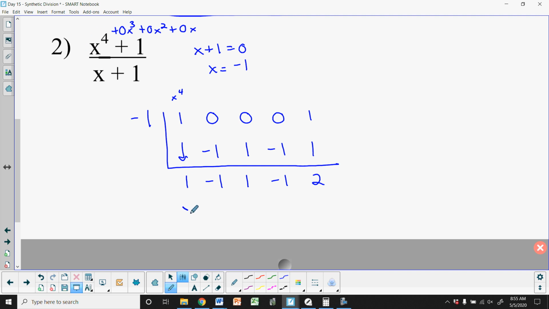So this will be x cubed, x squared, x constant, or x to the 0, and remainder. So we can rewrite this as x cubed minus x squared plus x, so it's 1 times x, minus 1, and then plus 2, and then over x plus 1.